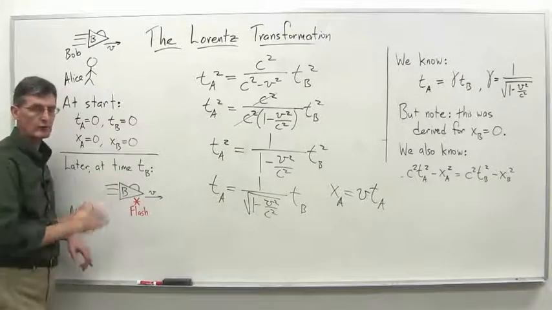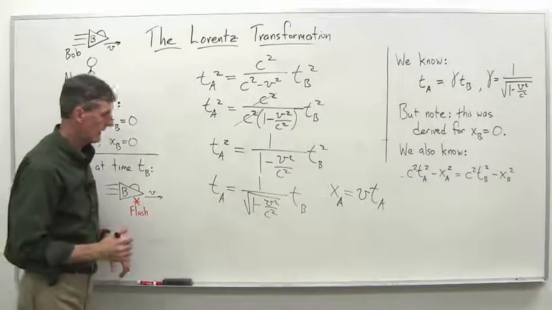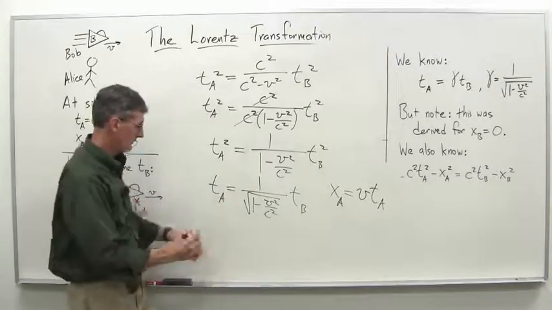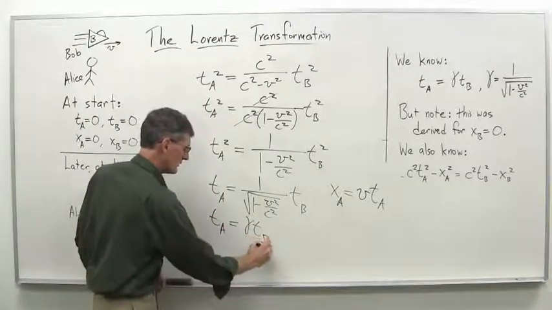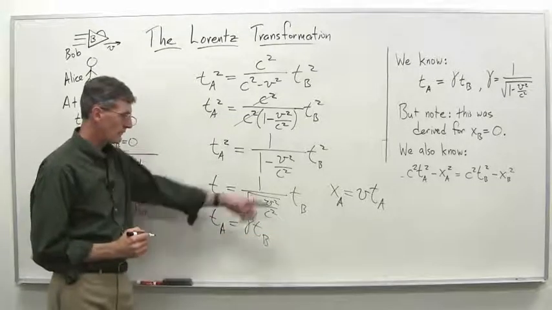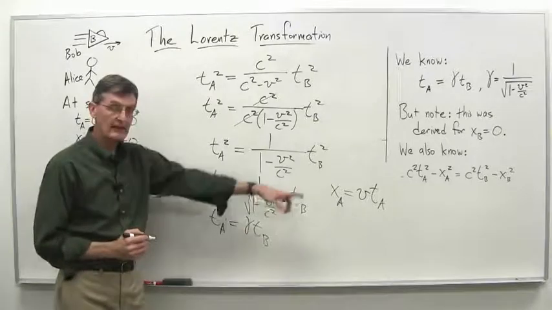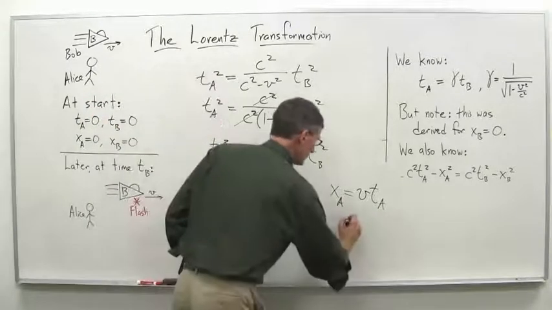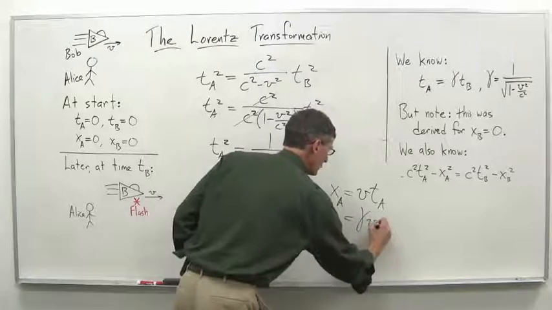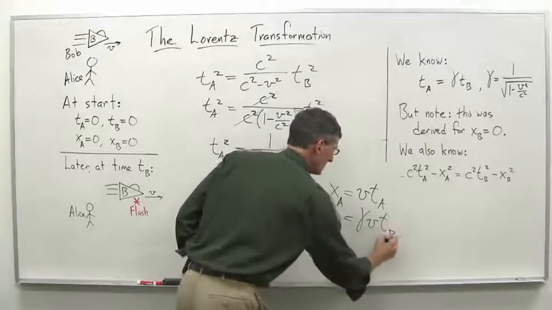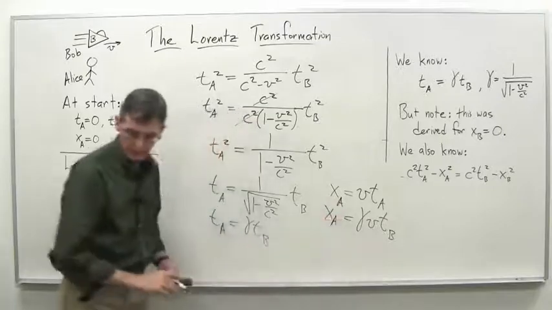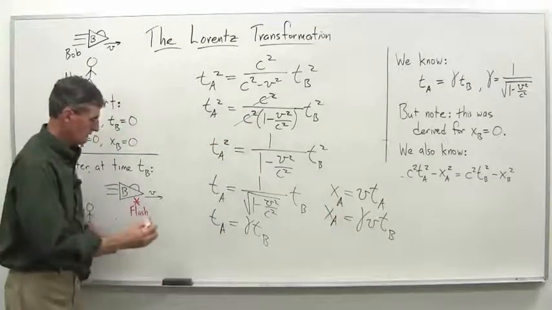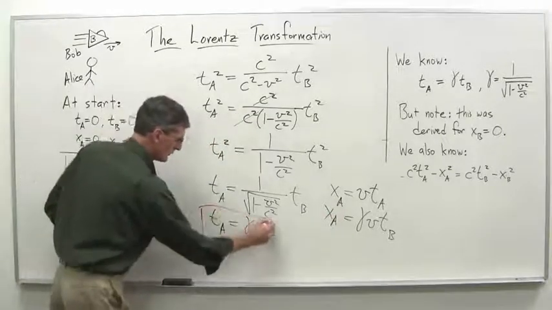So she's watching Bob go by with velocity V. And therefore, TA equals gamma TB. And so we can plug TA into here, and we get gamma V TB. So that's XA.